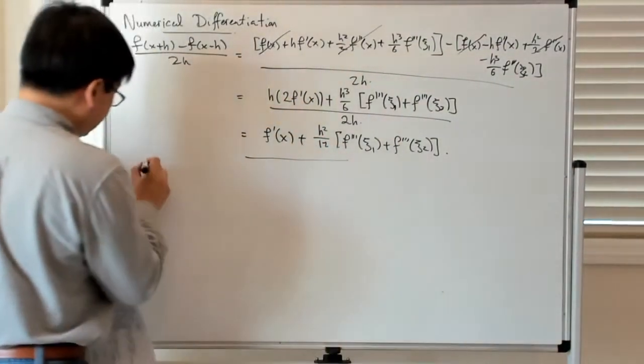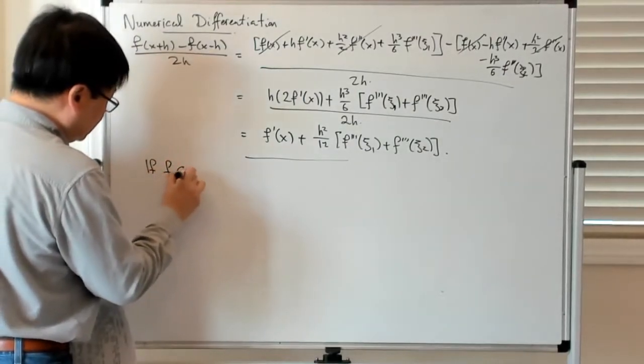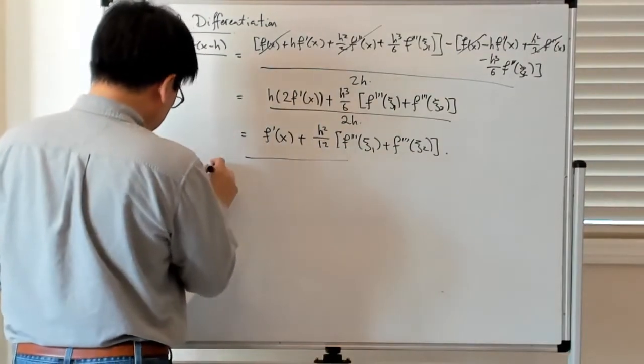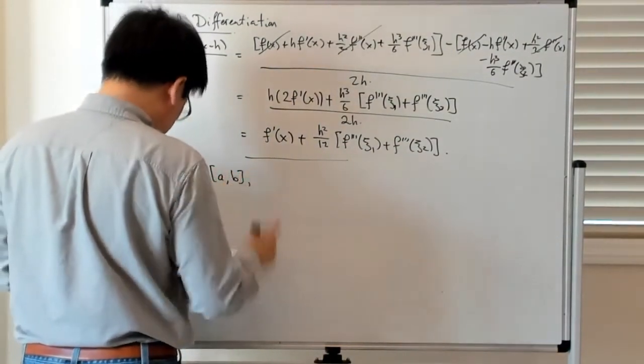Okay, so let's assume that f is, say, 3 times differentiable, so C3 on [a,b].